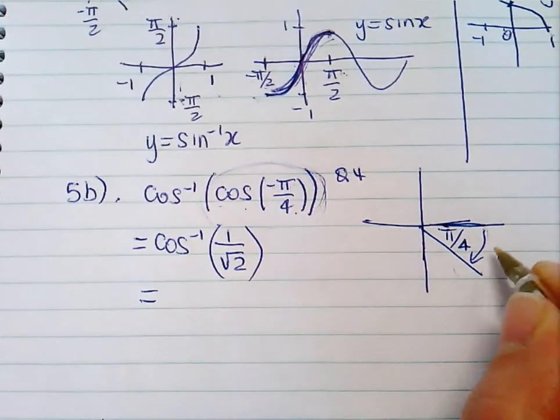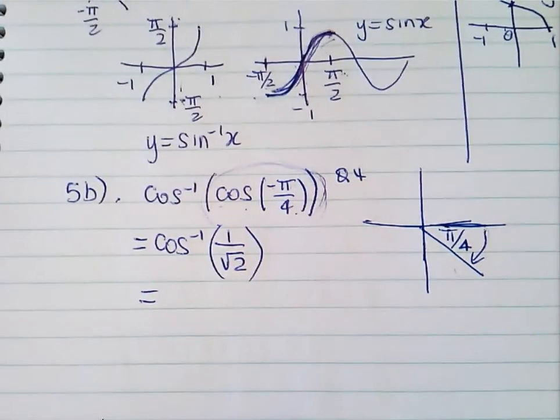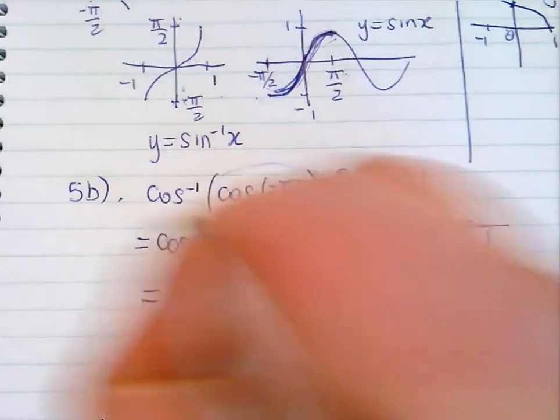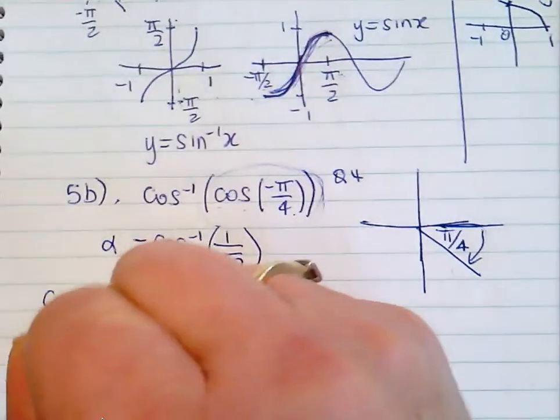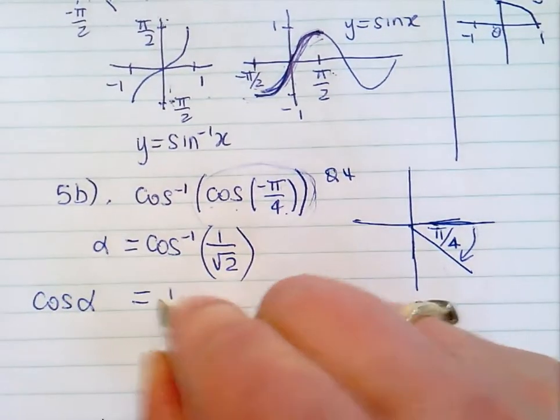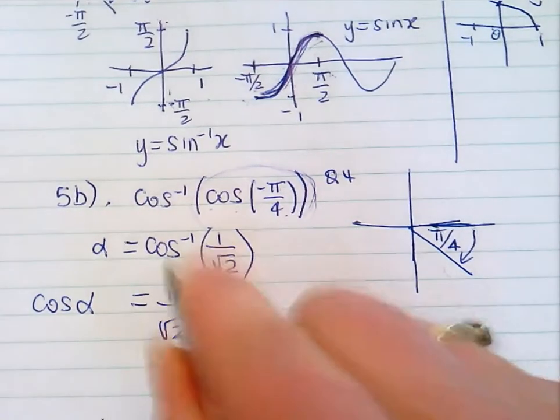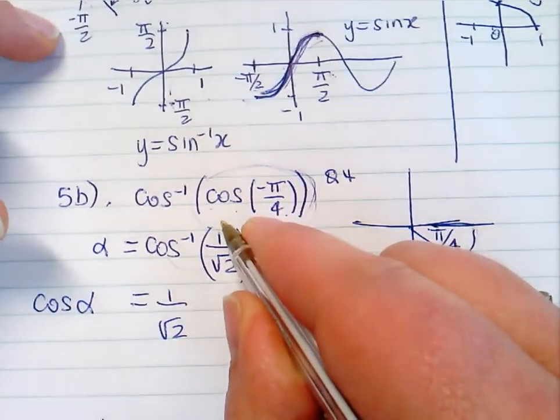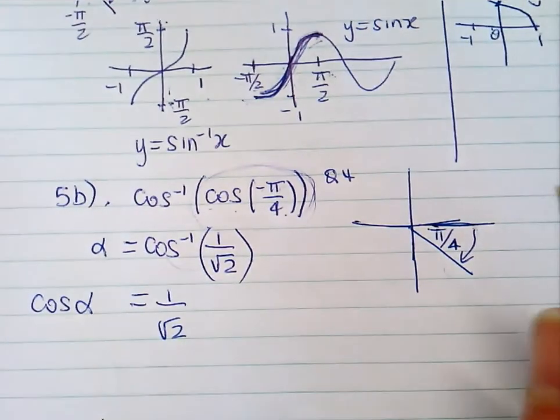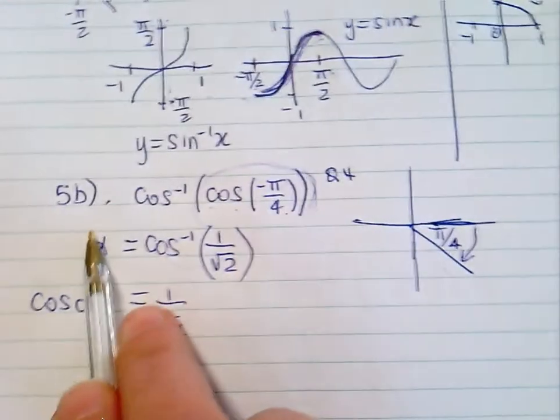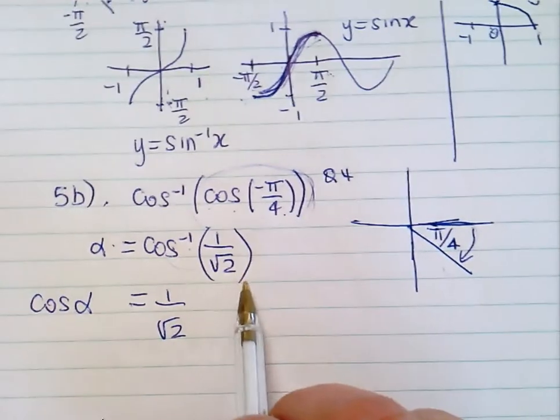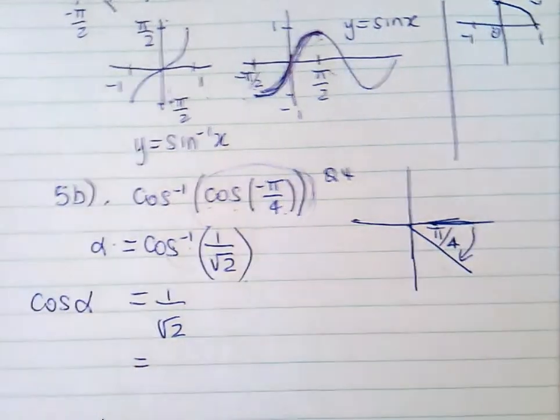All right, so inverse cos of 1 on root 2, so you can let this equal alpha now. So that means cos of alpha is 1 on root 2, provided this now fits in the domain from 0 to pi. We're fine. I'm not in the domain, that you answer the range. This is like y equals, all right? As long as, so cos of what is 1 on root 2?